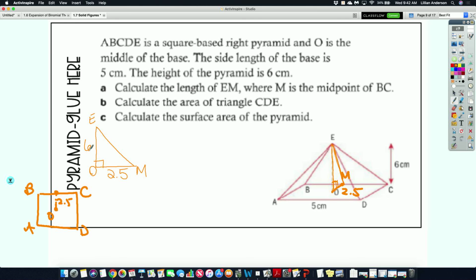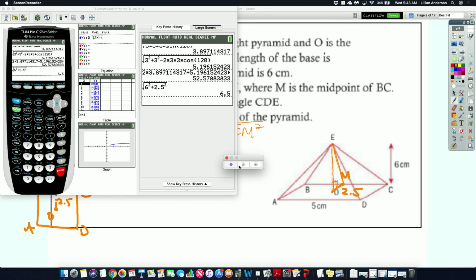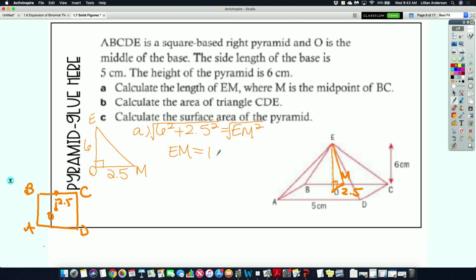Pythagorean theorem. Because I know two sides of a right triangle, and I know no angles inside of that. Okay? Yes, sir. 6.5. In part B, we need to calculate the area of triangle CDE.